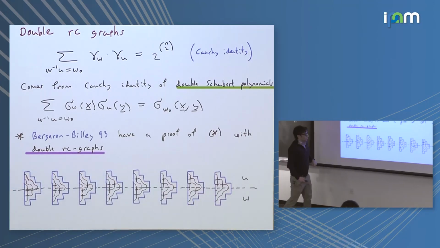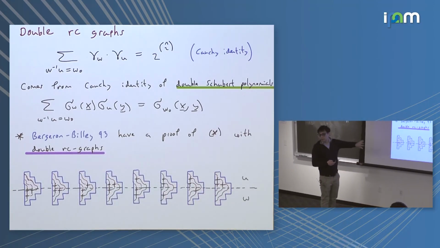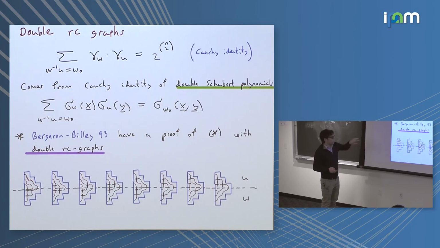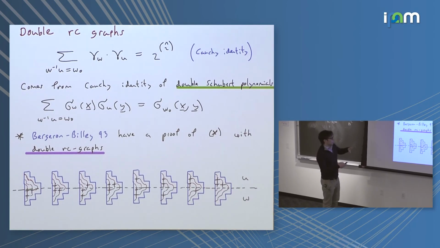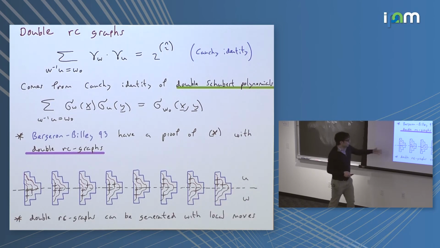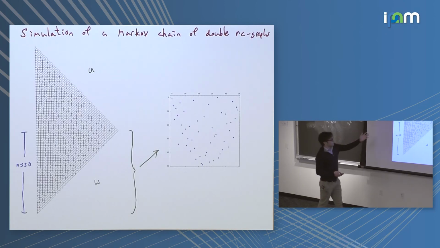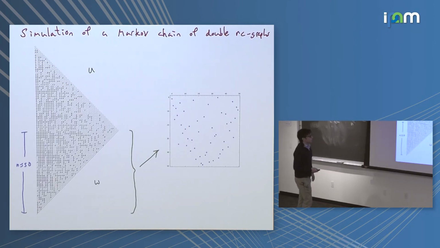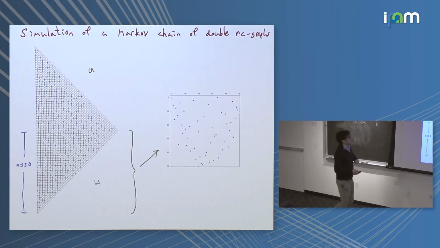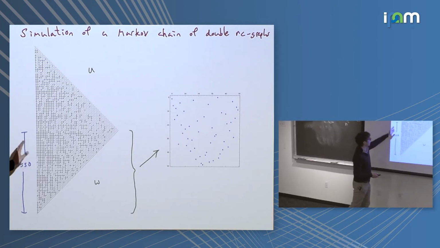So you could use this to form a Markov chain and try to get further down for bigger examples. So we did this. We set up a Markov chain, since any double RC graph can be generated by local moves. We ran maybe a couple billion of these moves, on something like 50 by 50.